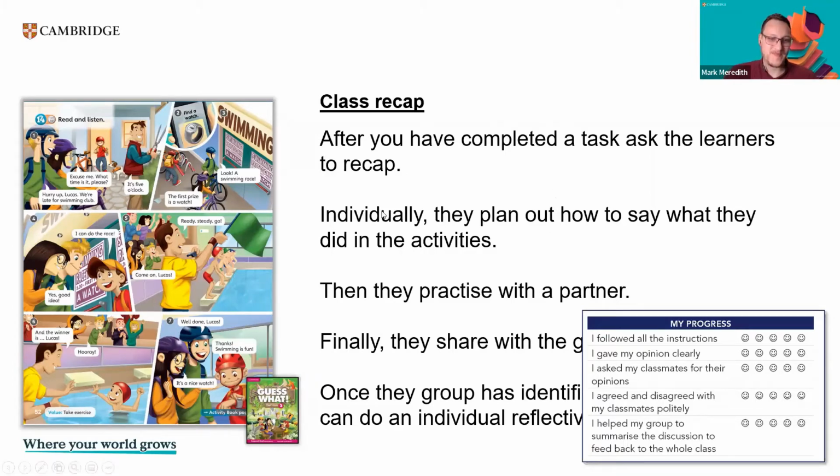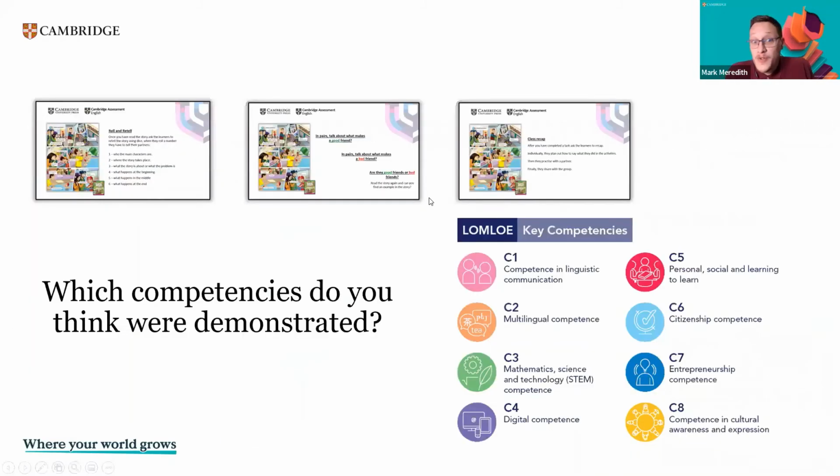Okay, nice. So of those three activities, we've looked at role and retell. We've looked at in pairs, talk about what makes a good friend, a bad friend, and then think about the story. And then finally, we've created a recap. In the chat box, if you could share with us what competencies do you think were practiced or demonstrated? Do we think they're the same ones?